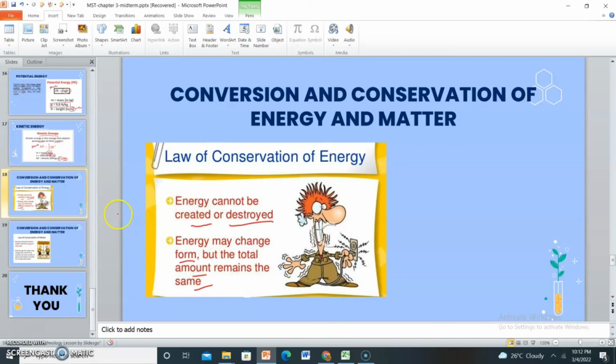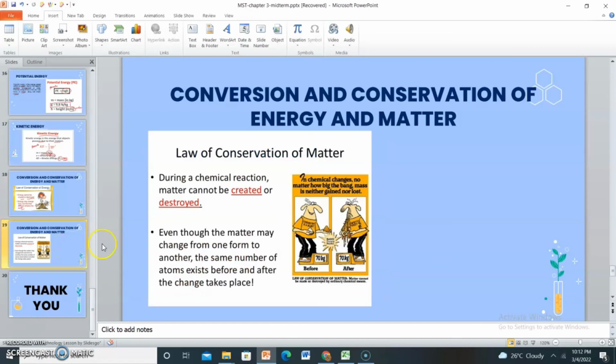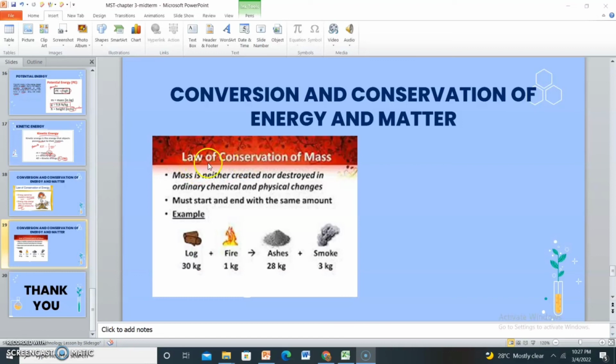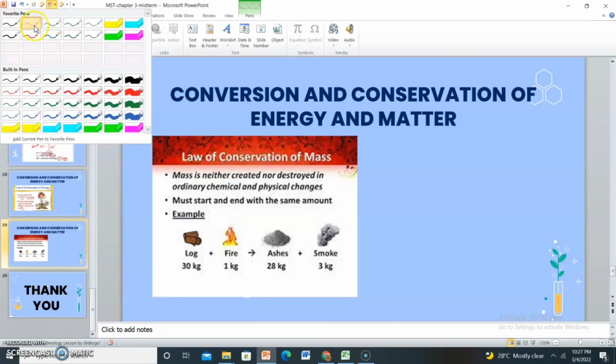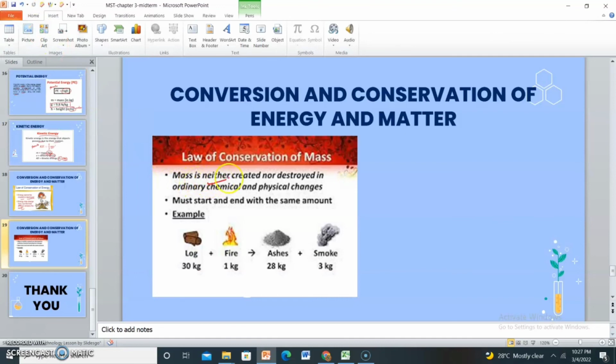And the next one is the law of conservation of matter or mass. Mass is neither created nor destroyed, and in ordinary chemical and physical changes, mass starts and ends with the same amount.